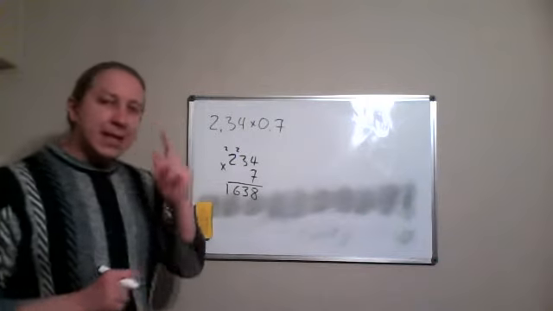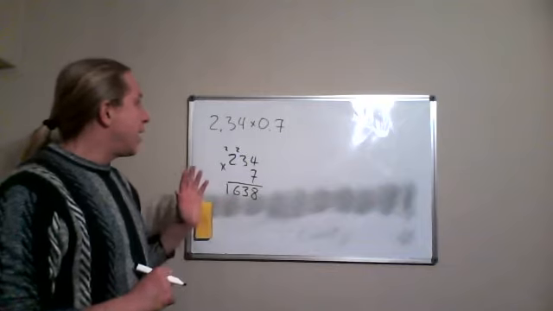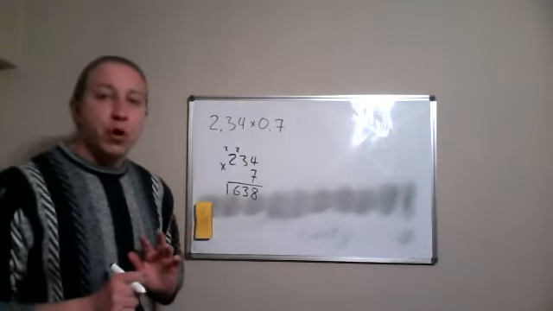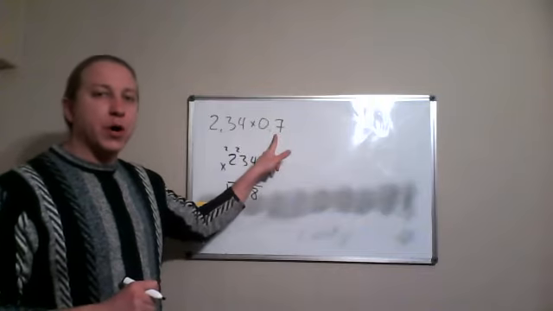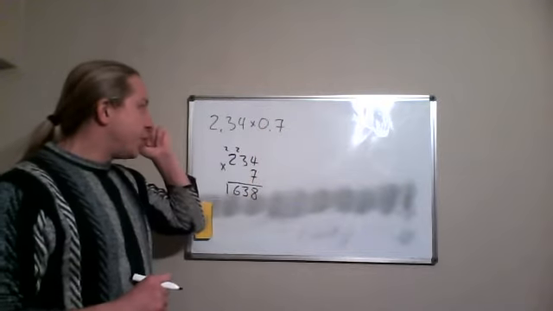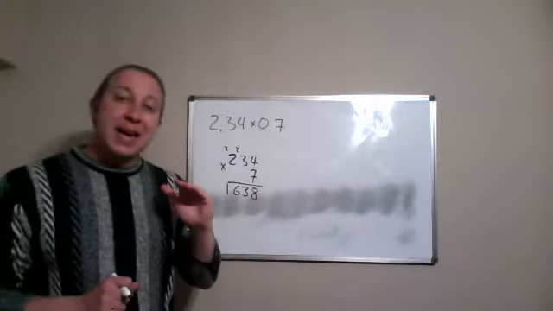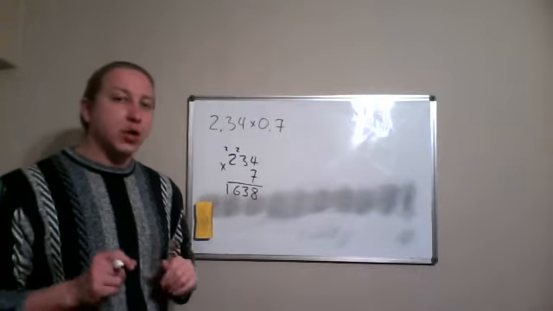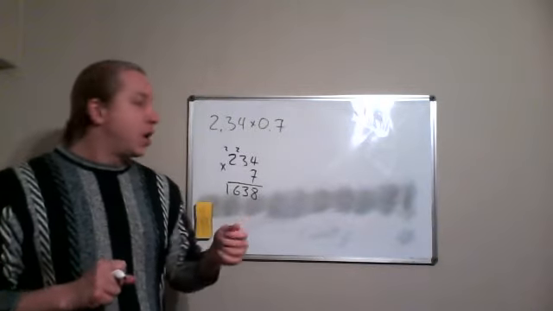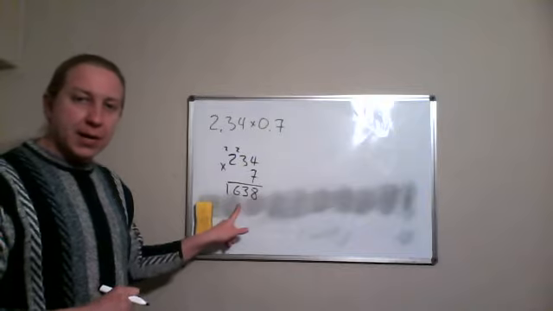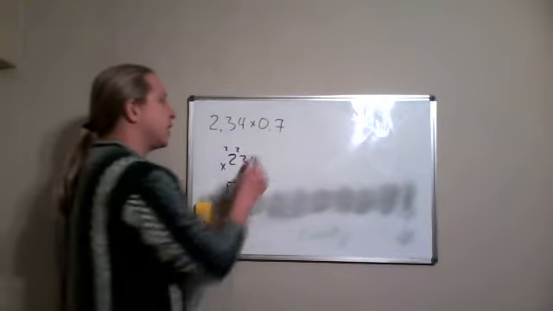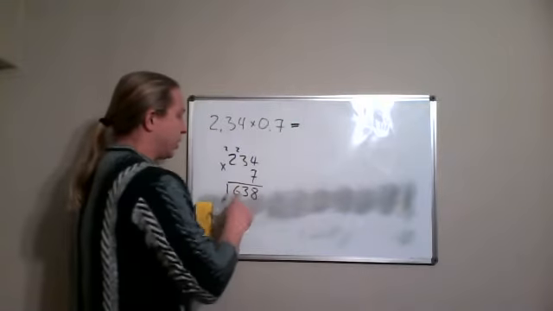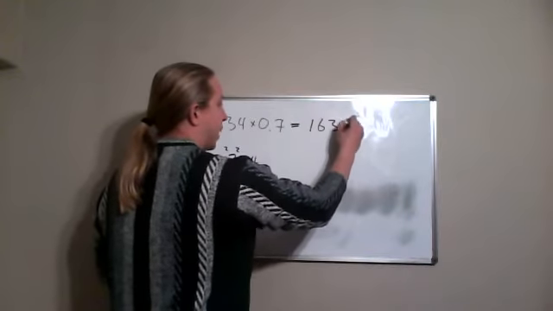So my answer should be around 2.5, but a lot less because we rounded this up to 1, but we only have 0.7. So the answer should be less than 2, but not 10 or 100 or 1,000 or anything like that. Looking at this answer, I know that this can't be it. It needs to be a lot smaller.